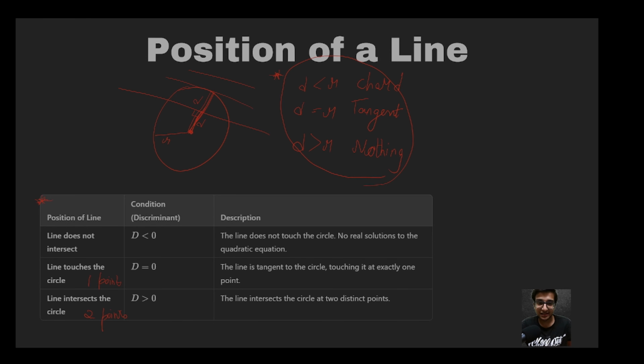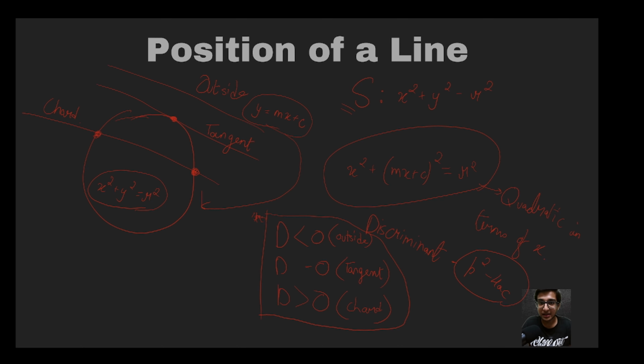However, this shortcut concept can be applied only in circles. So you must remember this discriminant concept as well, because when we are studying parabola, ellipse, hyperbola, there are no shortcut ways for you to find out the position of a line.